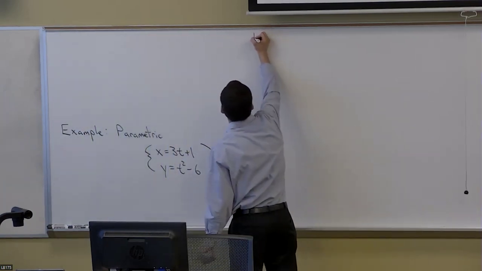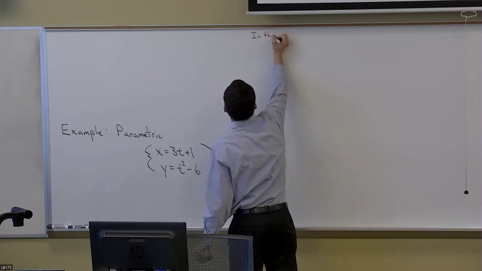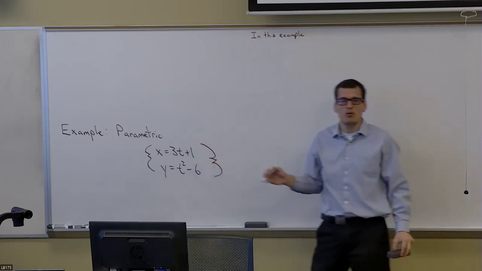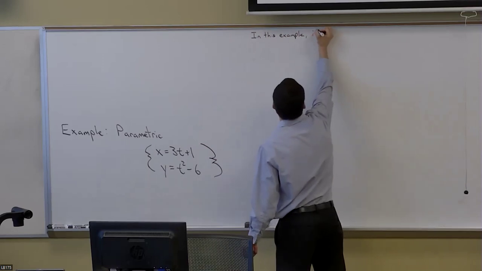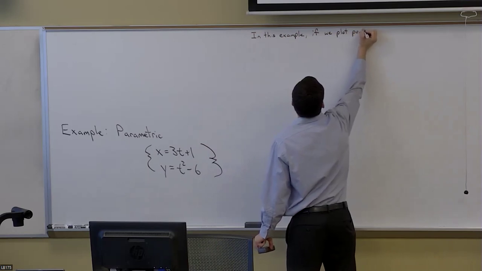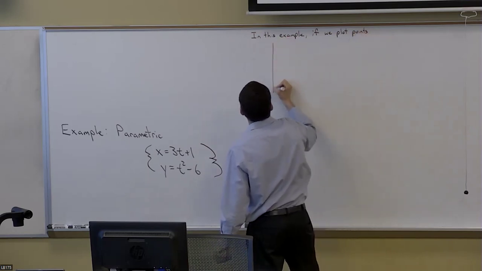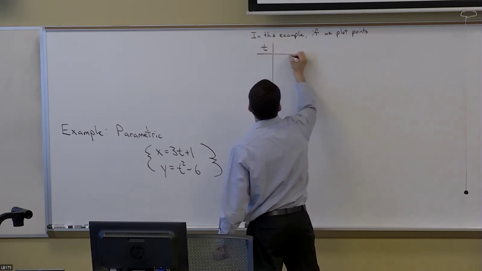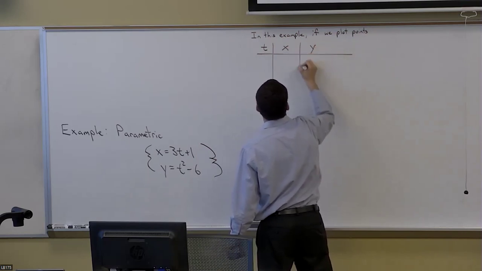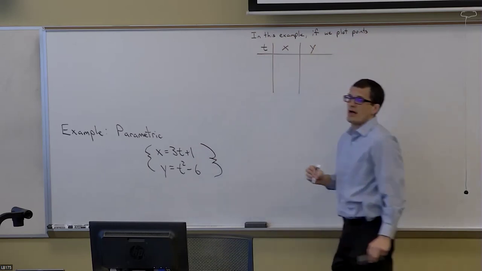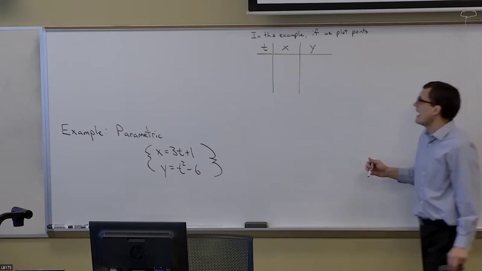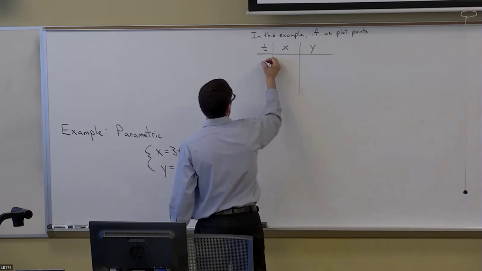So in this example, if I were to plot points, we would create a table with 3 columns. And we put a bunch of t values in.